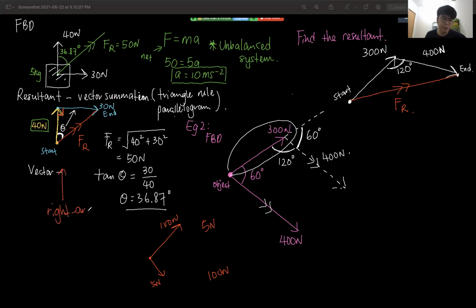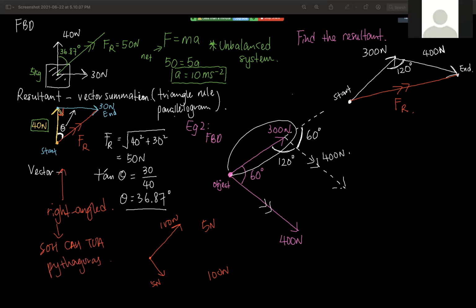Right angle triangle, I can solve it easily because I can use the sine, cos, tangent, so chatua. I can also use the Pythagoras, which I did here, right? But this one, a little bit different. There's no 90 degrees here. It's not a right angle. So what do I do? I can solve it using the sine rule and the cosine rule.